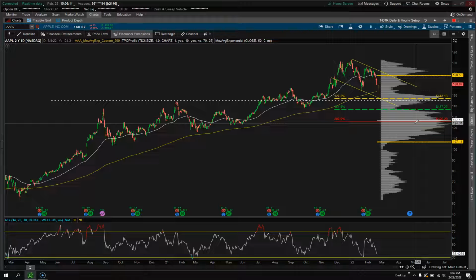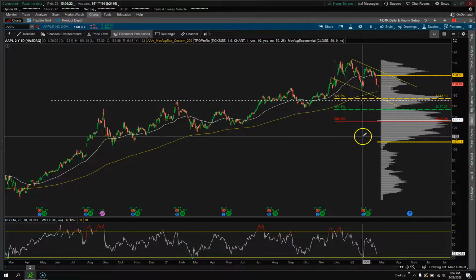So to kind of sum everything up, we're able to make a plan. That is what we're in control of. We have the ability to make a plan, to look at the chart and pick levels where we want to be a buyer.